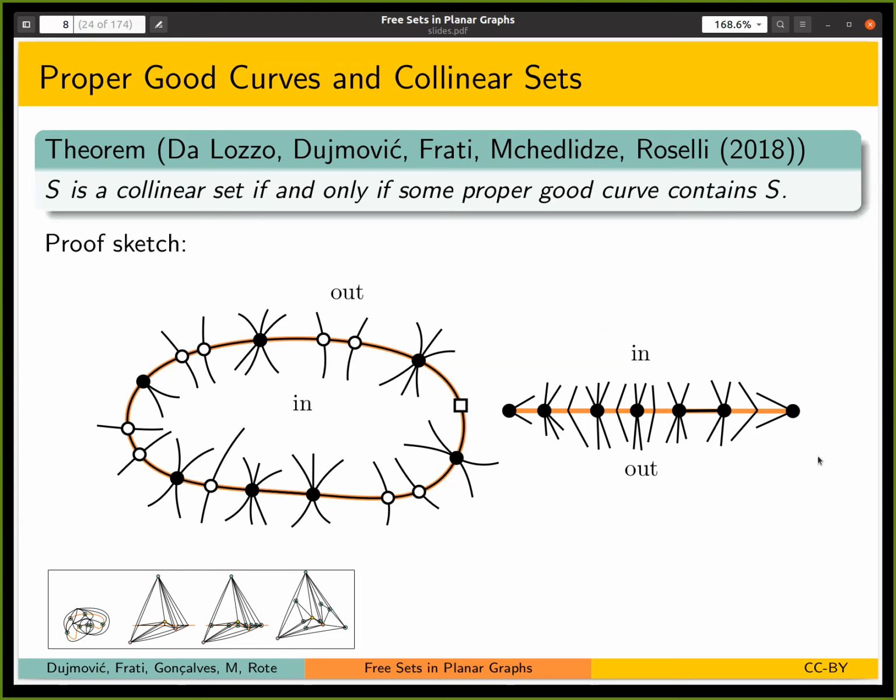So what you're left with is a drawing of your graph, which is almost what you want. It's almost a straight line drawing. The only issue, the only edges which are not drawn as straight lines are those which happen to cross from the outside of the curve to the inside of the curve. Those things are actually drawn as two line segments. Okay.